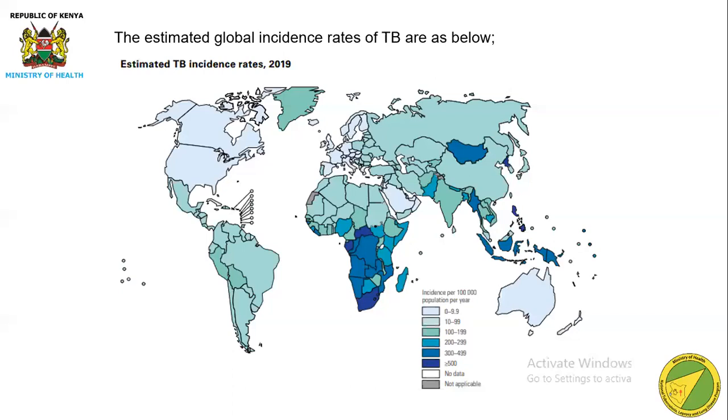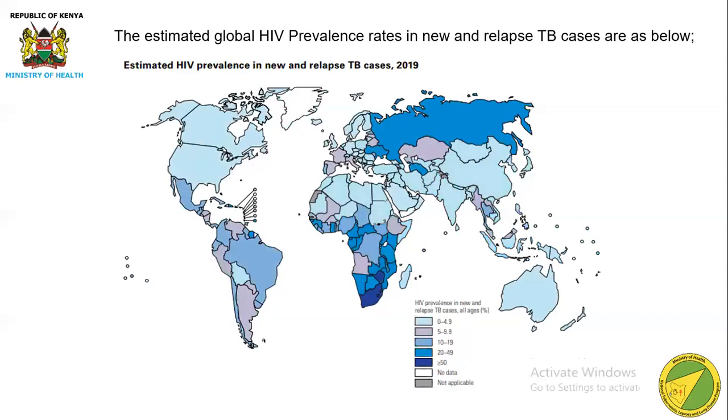So we are in high burden countries. Next, HIV prevalence in new and relapsed TB cases. This indicates distribution of TB HIV coinfection across the globe. And again, Kenya, about 20 to 49%. We are at about 24%, as we are going to see in the next slide.